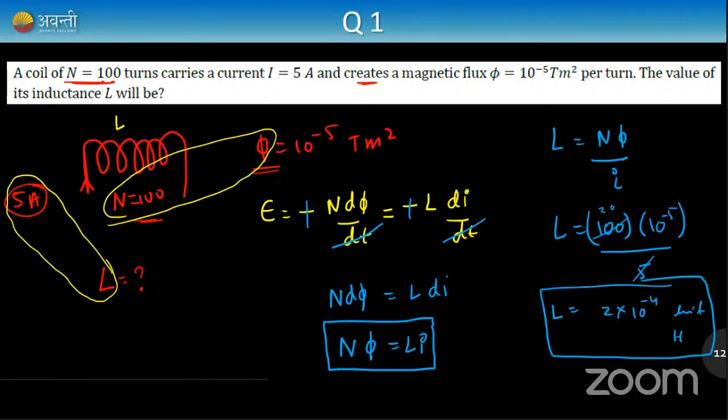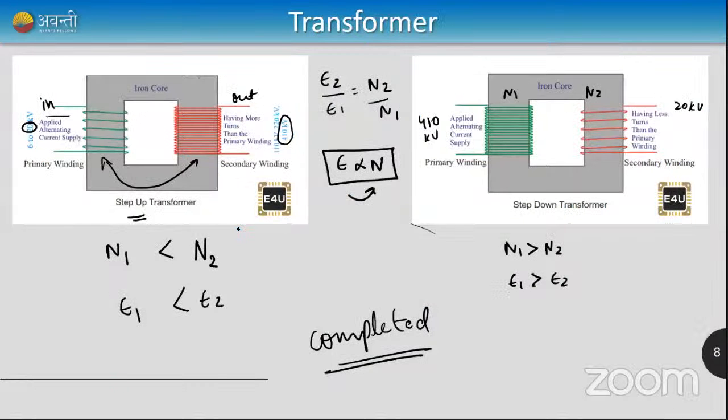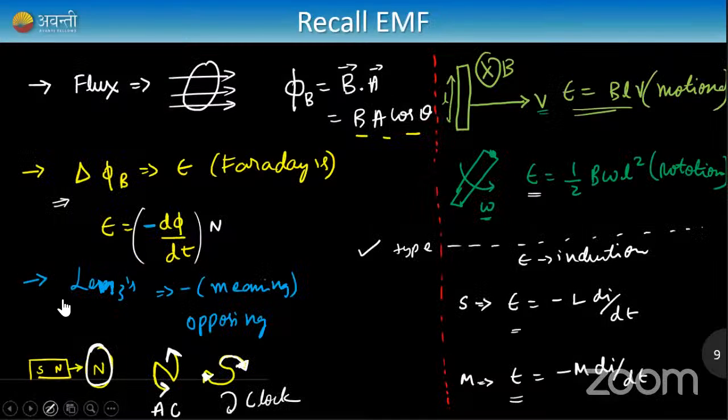I'll tell you once again what's going to happen here. If you come back to this concept and notice, the EMF induced is given by two different formulas: EMF is equal to minus N d phi by dt, and EMF is equal to minus L di by dt. Both of them are exactly the same EMF, so you can combine them. Negative negative cancel, dt dt cancel, N d phi is equal to L di.